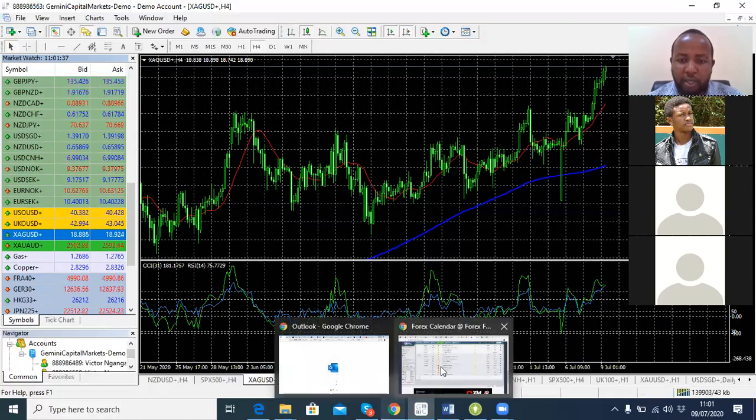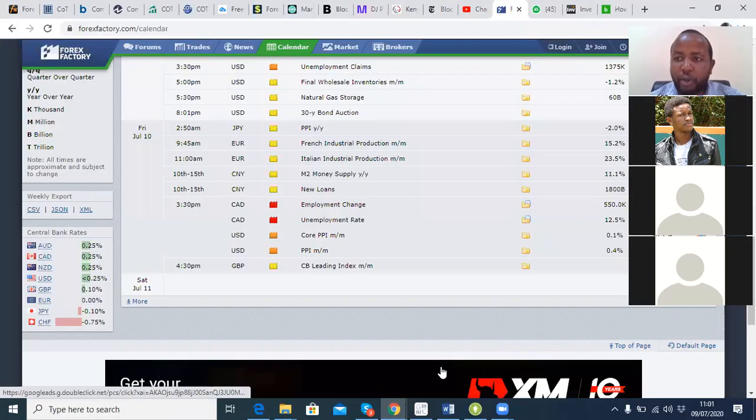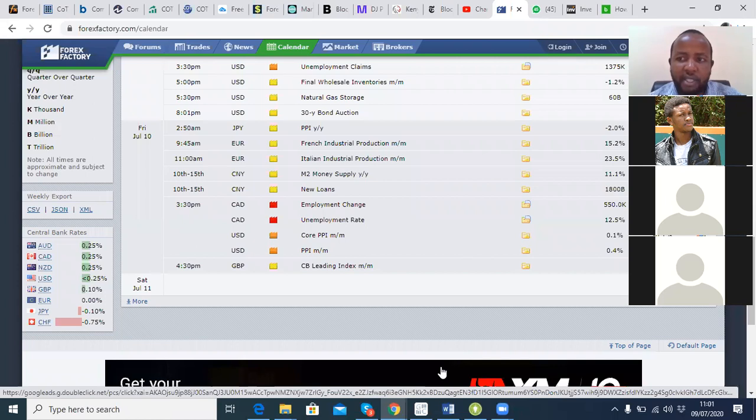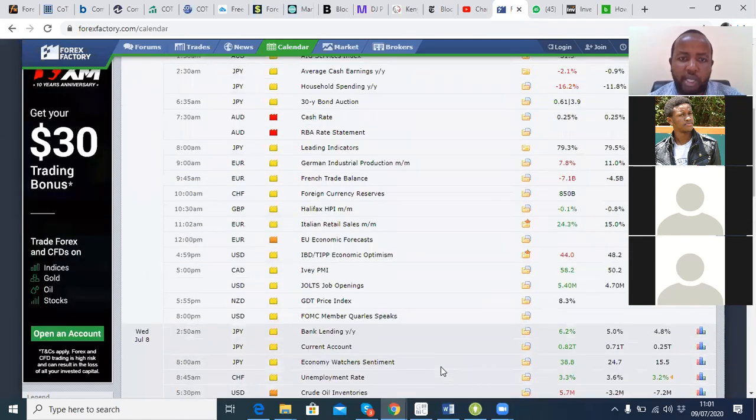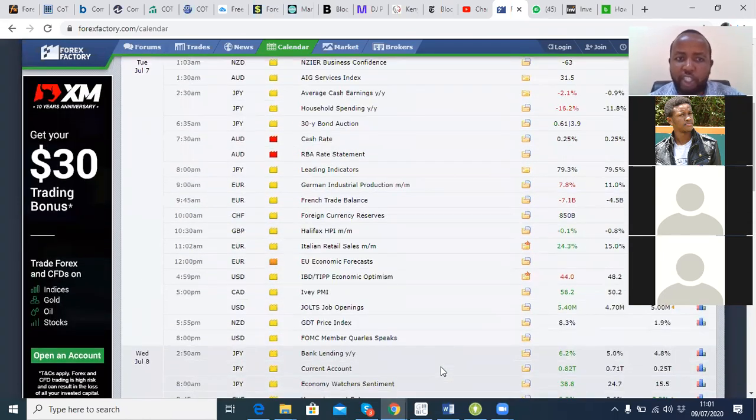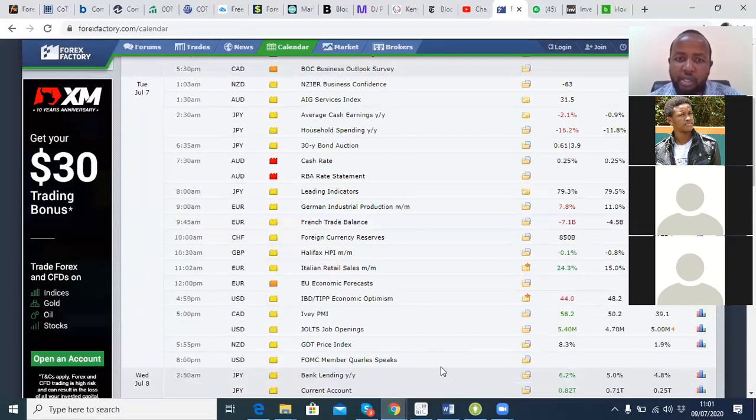So let's go back to the calendar. I hope you guys understand, I've just hinted a little at interest rates, but we are going to deal with them when we come to fundamental analysis. I'll be introducing fundamental and technical analysis next week, plus sentiment analysis. But I just needed you to know what is happening. So it was unchanged on Tuesday the 7th, the rates were unchanged.